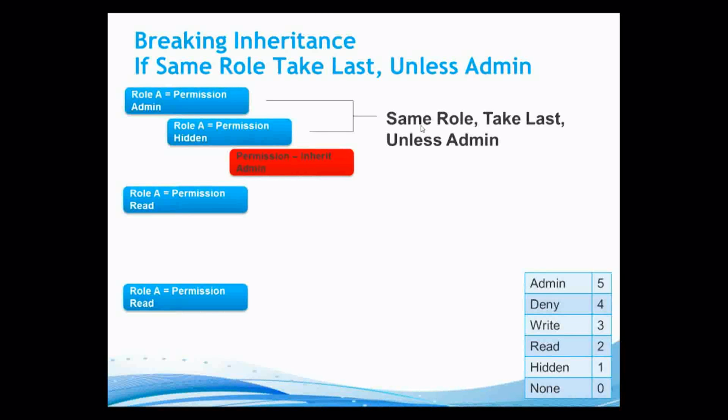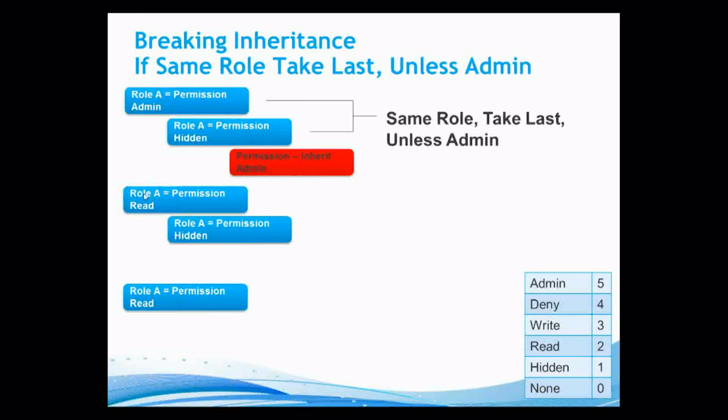Now the calculation is this: if it is the same role, take last, meaning that if it is the same role, take the last defined security permission. That means that if it was different than admin, then it would take this one.